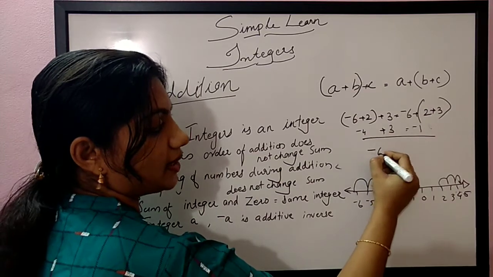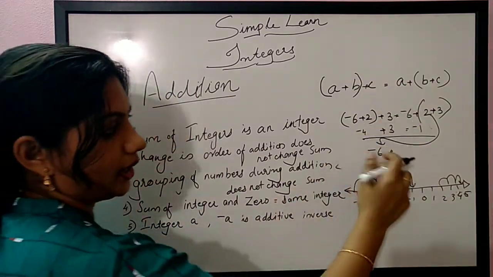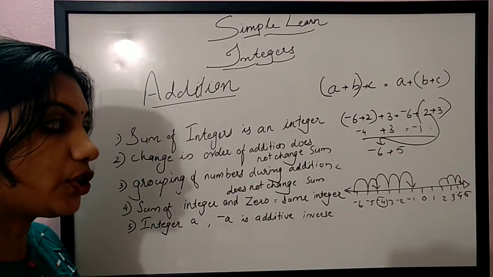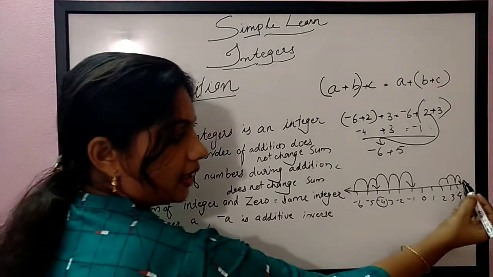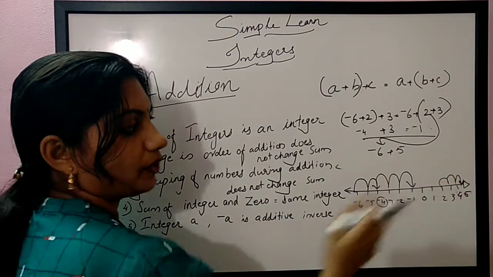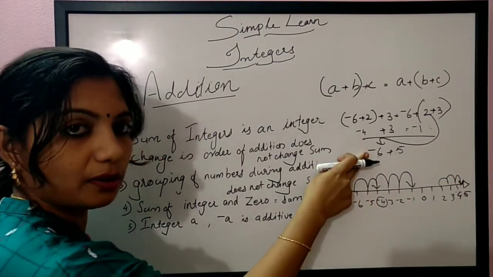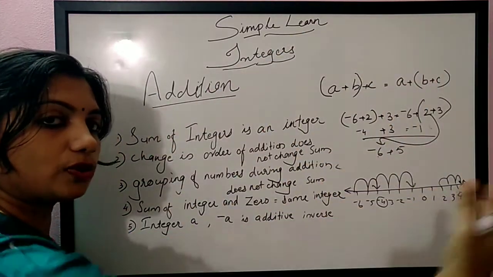Okay? Negative 6 plus 5. Now what should I do? I am adding 5 and negative 6. Right now I am at 5th place. Right? From 5th place I should jump 6 times towards the left because it is negative. It's not positive. If it is positive I will be jumping towards the right side.